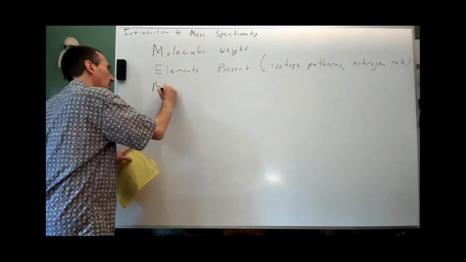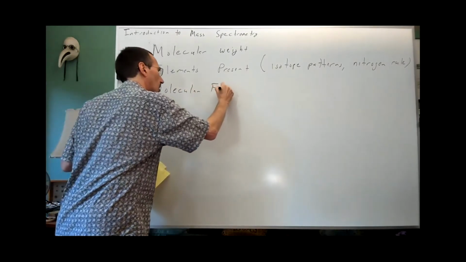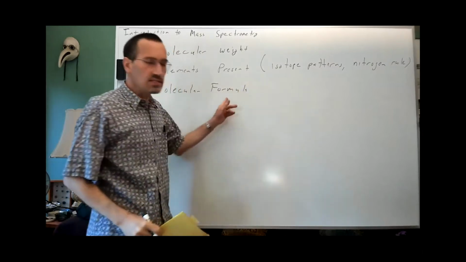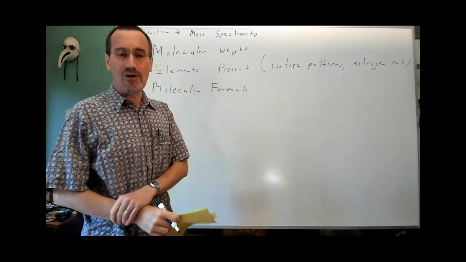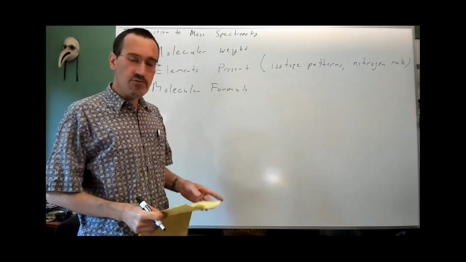Molecular formula is another thing that you can get that's very valuable. In some cases, it's just by deducing it from knowing we have this many carbons or this many hydrogens.